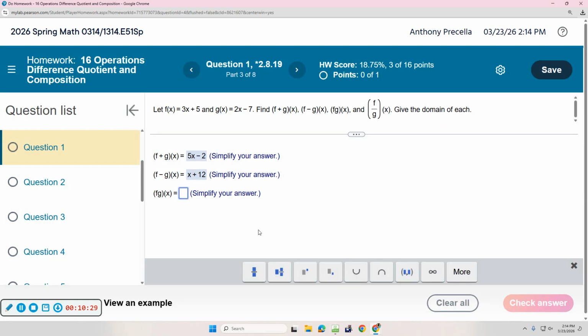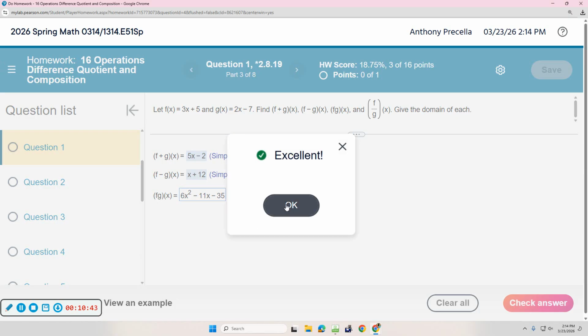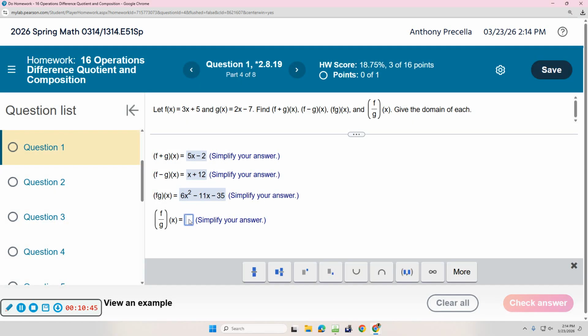F times g, that's a 6x squared, get out of the exponent, minus 11x minus 35. And finally, f divided by g. I'll use my fraction bar. On top we have a 3x plus 5. And on the bottom we have a 2x minus 7.